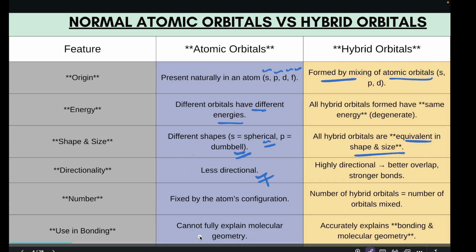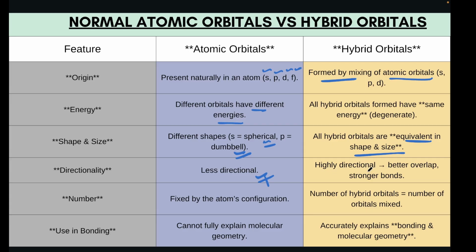Atomic orbitals cannot fully explain molecular geometry, but hybrid orbitals accurately explain the bonding and molecular geometry. So we can say that atomic orbitals are the building blocks, but hybrid orbitals are the redesigned tools which nature uses to make its bonds stronger.